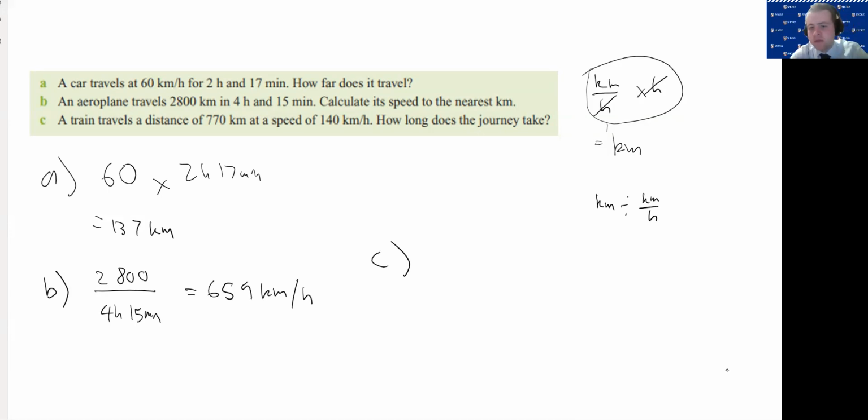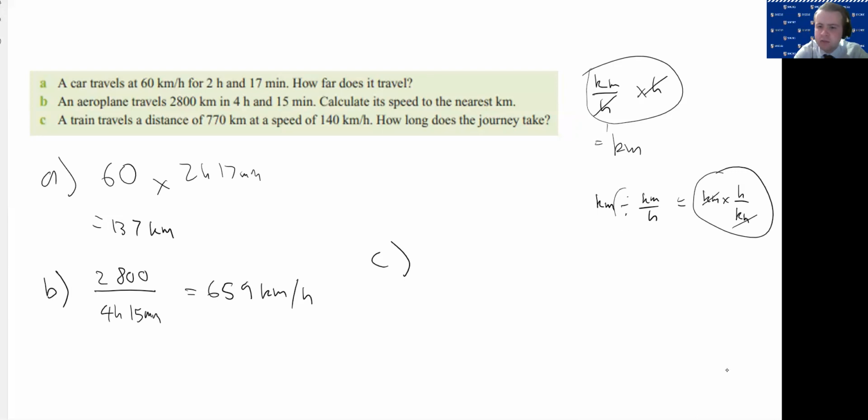Now, when we divide by a fraction, we know that we can flip it and change it to multiply. So this is the same as this. We notice then that our kilometers will cancel and we'll just be left with hours. So if you want to know the amount of time and you have the distance and the speed, you do the distance divided by the speed and you'll get the time. I want you to think about how these units cancel as a way of remembering what operation. Am I multiplying or am I dividing? Hopefully the units will help you.